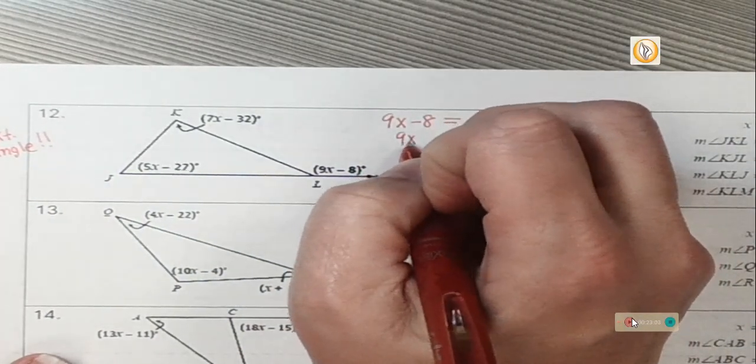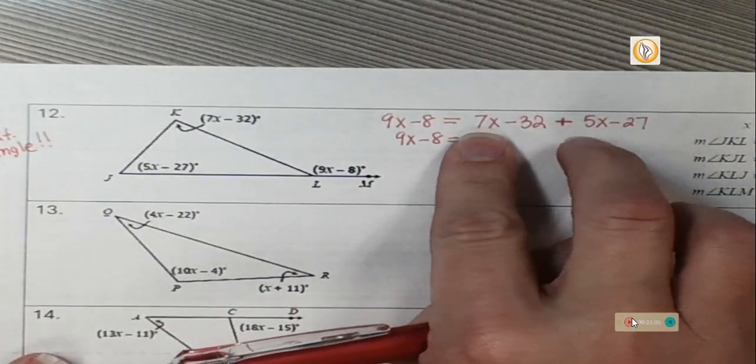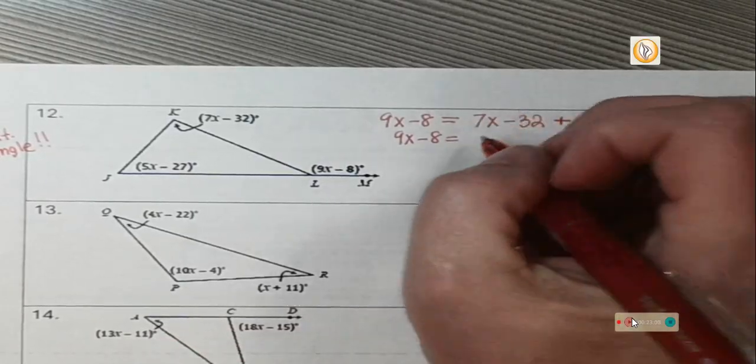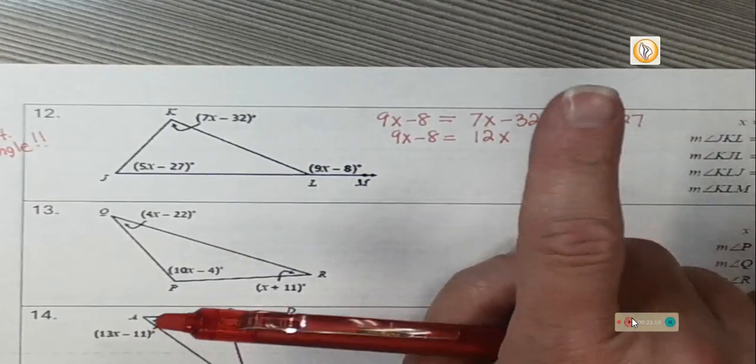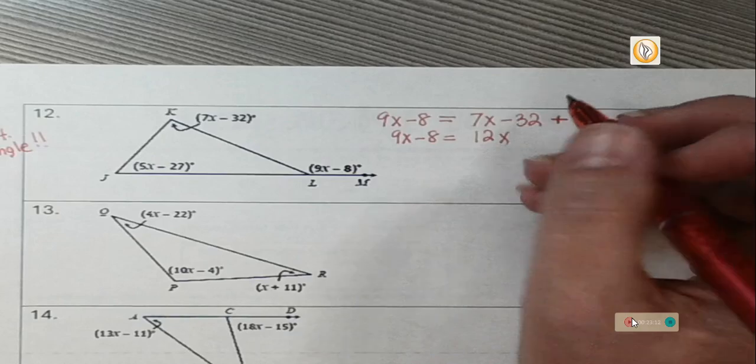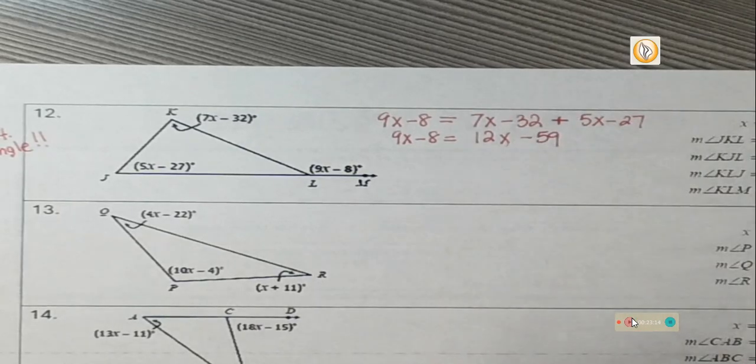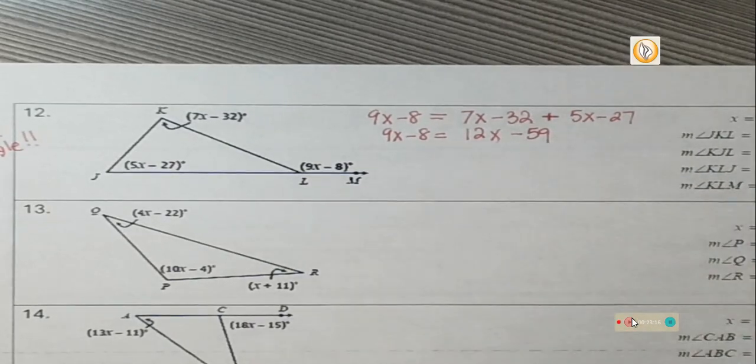So I've got 9x minus 8, which equals, simplify this side. 7 plus 5 is 12x. Negative 32 and negative 27 more gave me a negative 59. Now, I'm going to move variables to one side, constants on the other. You can move the variables to either the left or the right as long as you move the constants to the opposite side.